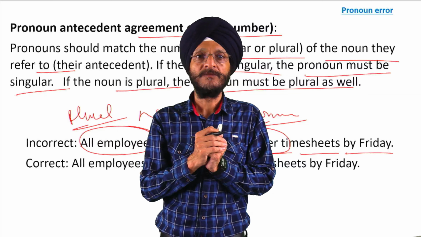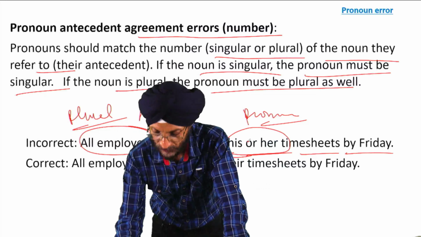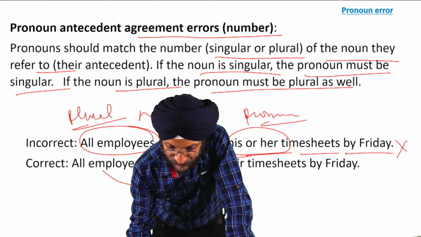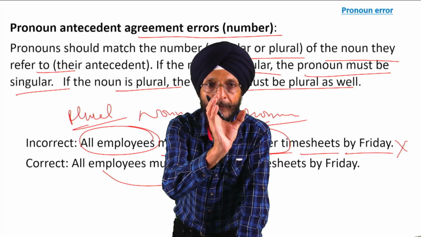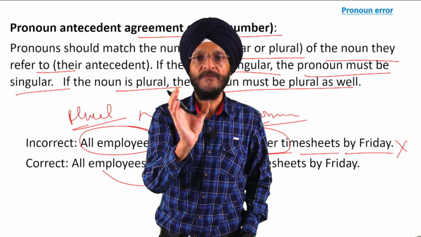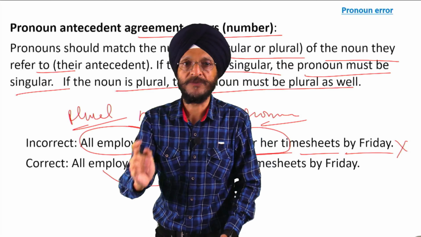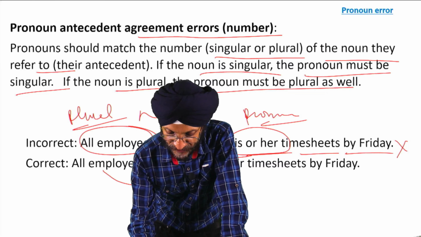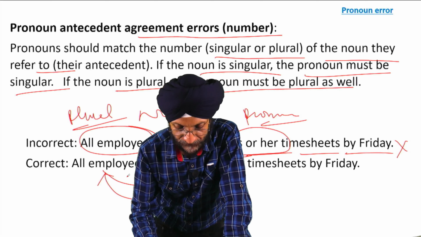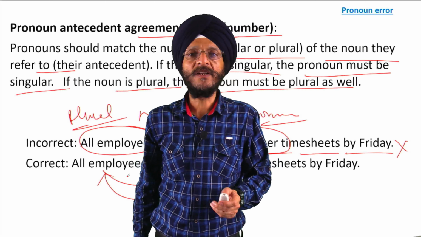It is singular. So it is wrong. Accordingly, all employees is a plural noun, so we have to use their timesheets, because that is the pronoun which fits with plural nouns.